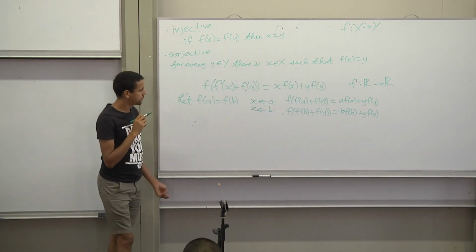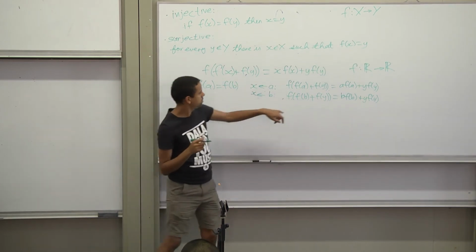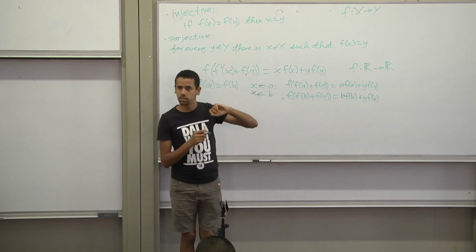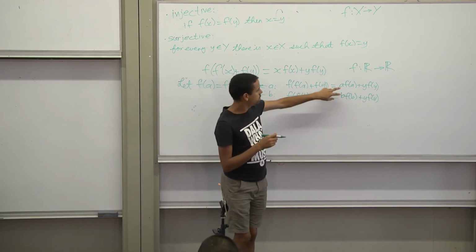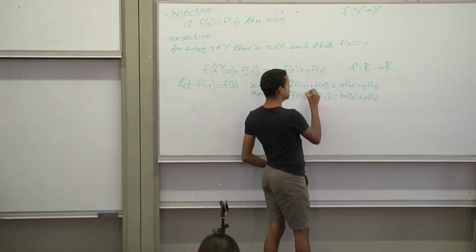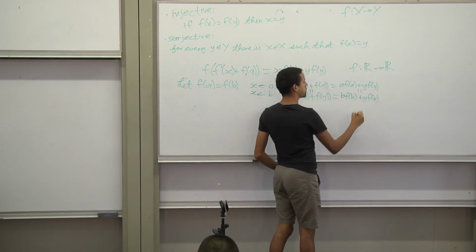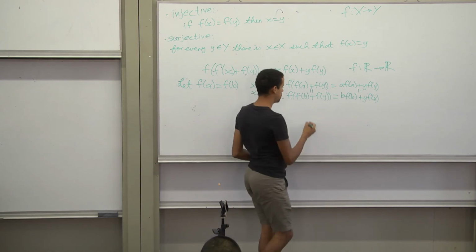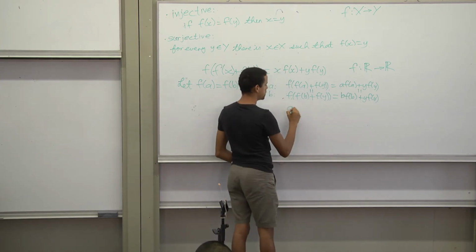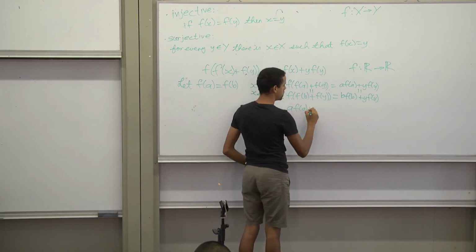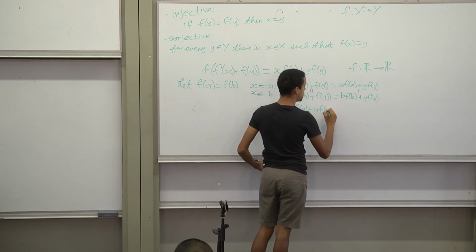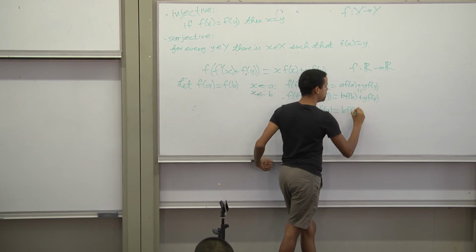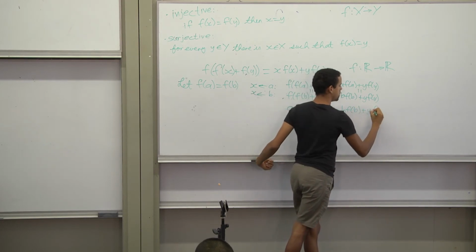Okay. Now, because you know that f of a is equal to f of b, both of these left-hand sides are the same. So we get that both right-hand sides are the same as well. The y f of y's cancel on each side. Actually, let me just write that down first. a f of a, y f of y is equal to b f of b, y f of y.